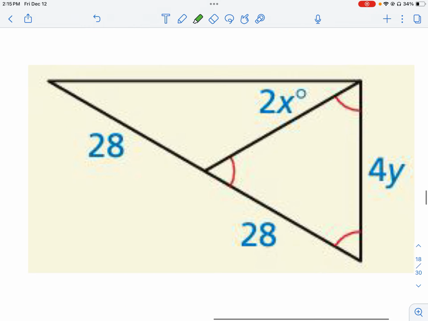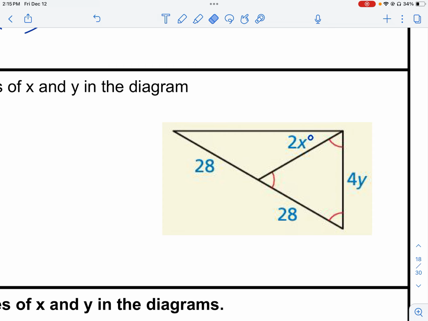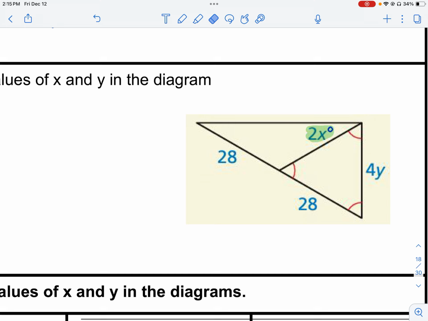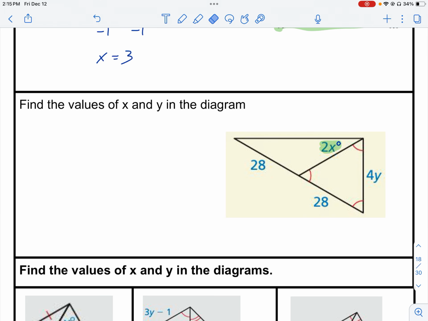All right, so x, we've got this circle up here, which means degrees, it's that angle. Well, we don't know anything about that angle yet. So let's skip it and move to y.